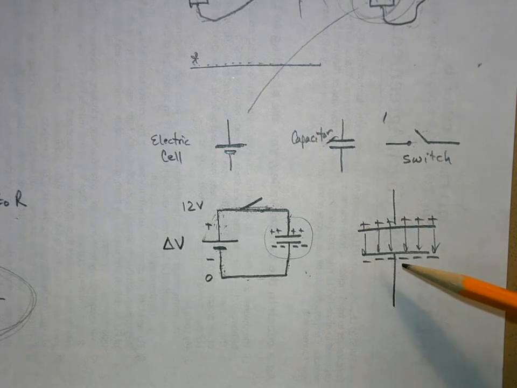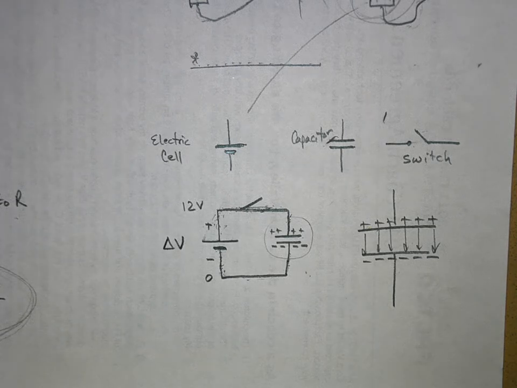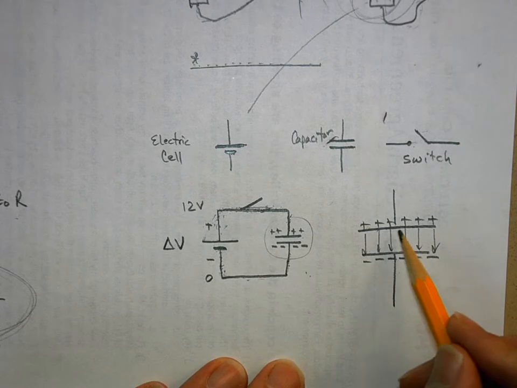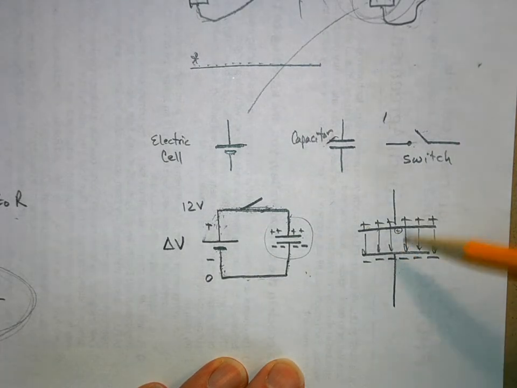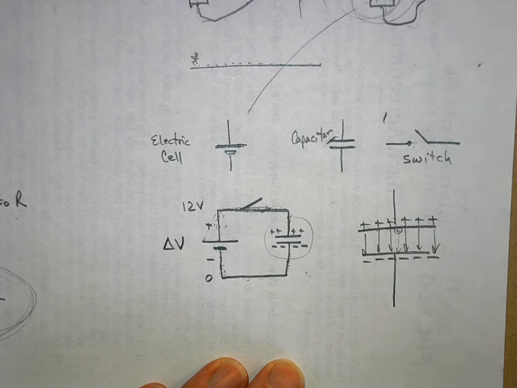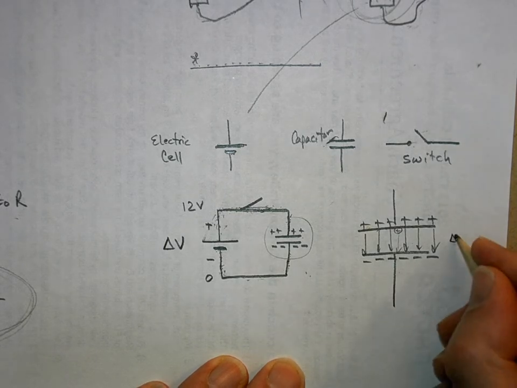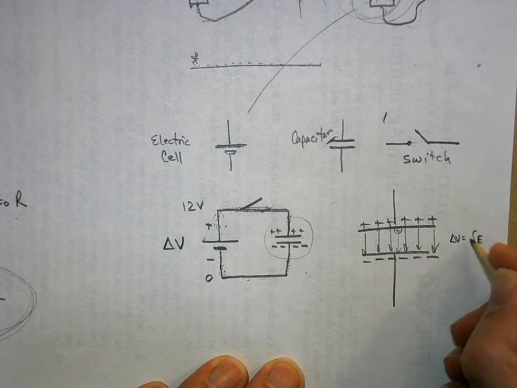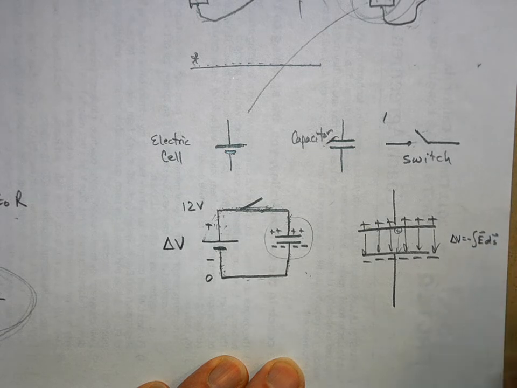Now, think about voltage man. Voltage man holds in his hand a little positive test charge, and he uses that little positive test charge to measure the potential wherever he is. Now, imagine a positive test charge right here and moving down like this. Do you see that it's going to lose potential as it moves with the electric field? Sure, because also remember our definition: delta V is equal to negative integral of E dot ds.